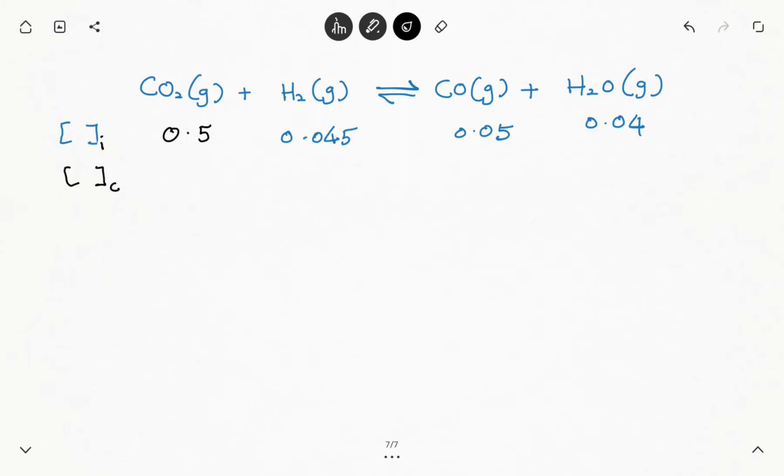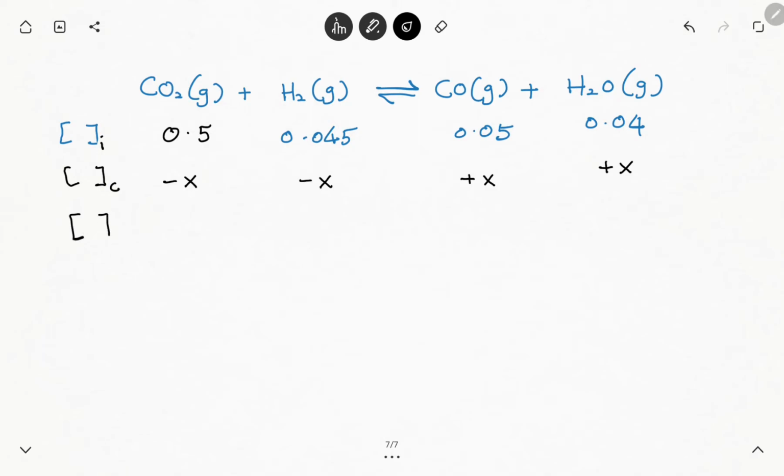Since we add CO2, the reactant is increased. We have more reactants compared to the product, so the system will shift forward from left to right. The reactants will decrease in concentration and the products will increase. That's why we get minus X for the reactants and plus X for the products.